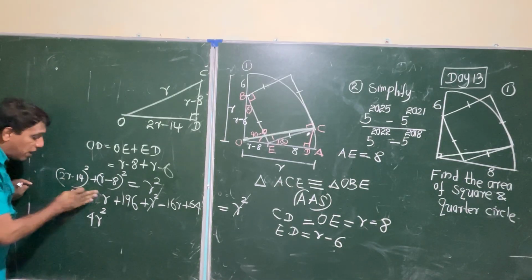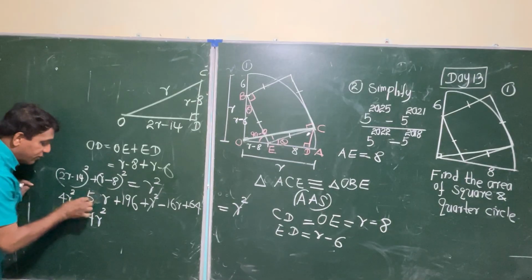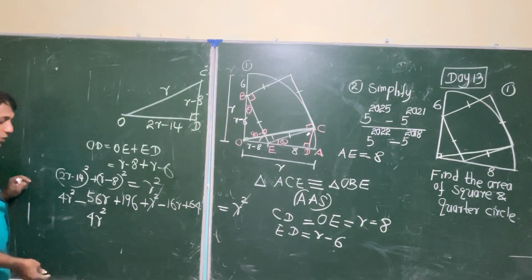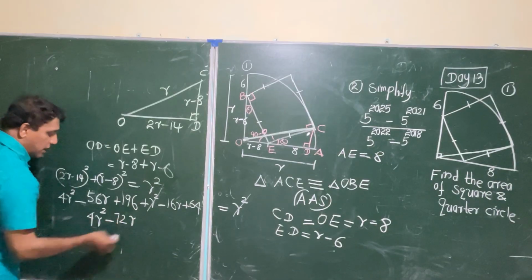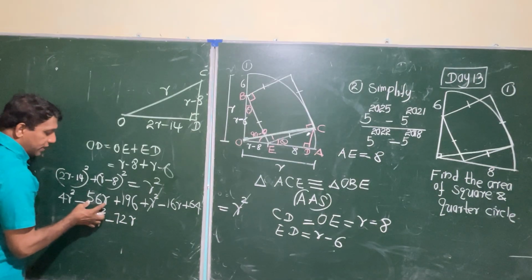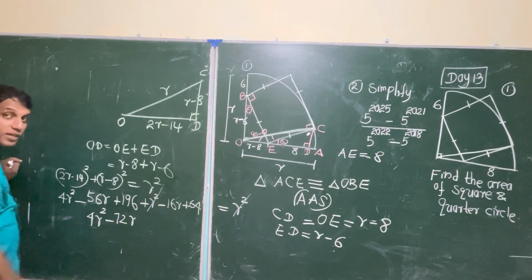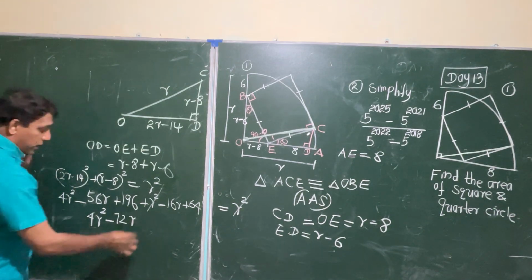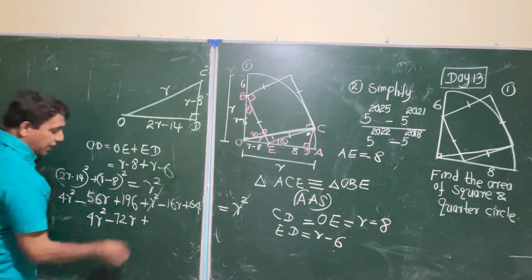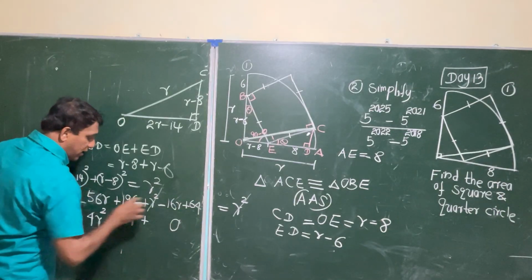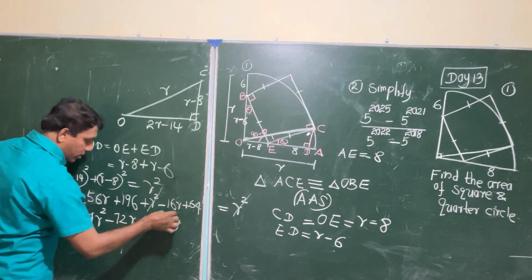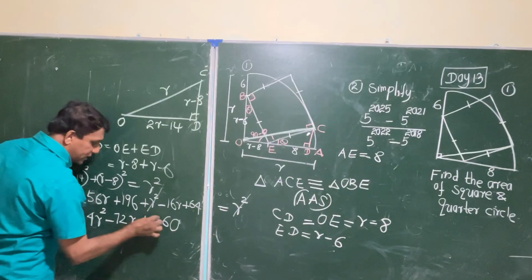Multiple both and double, 56. Then the constant terms, 196 plus 64, equals 260.